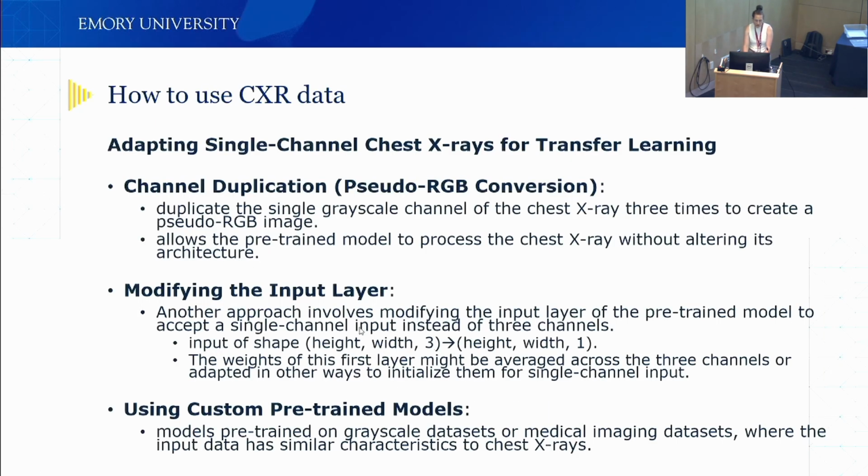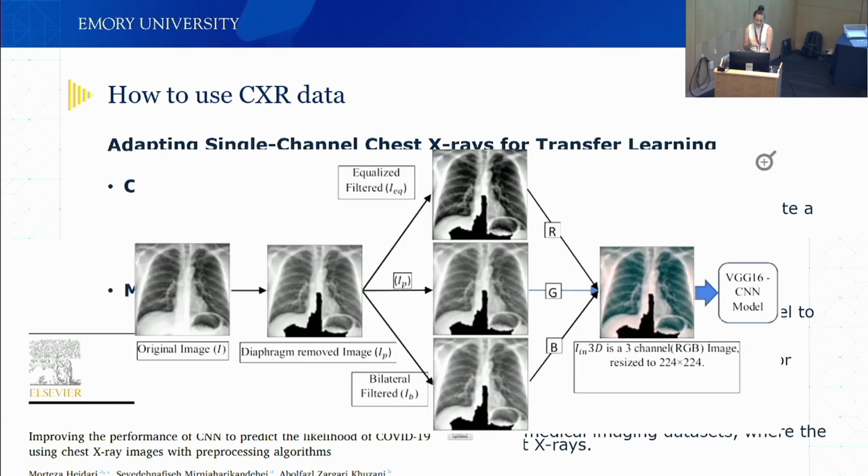You could also modify the input layer. So instead of height, width, and the 3 RGB channels, you could change the input layer. And then you have to average the weights across the 3 channels. You could also use a radiology-specific pre-trained model. And then there are more creative ways, like this study that says, okay, we just use 3 different filters.